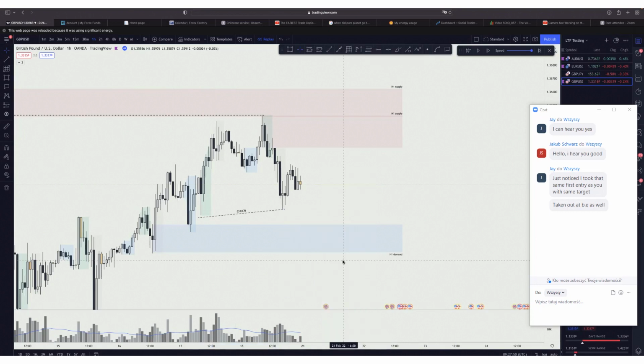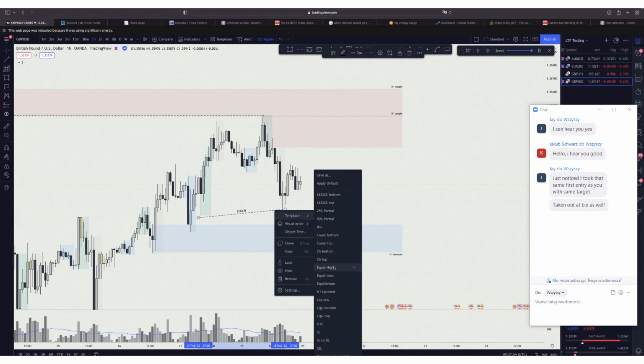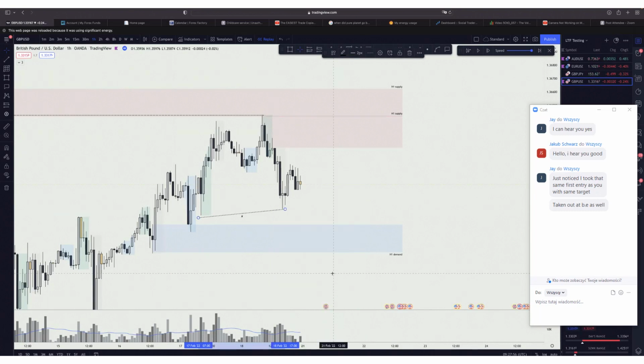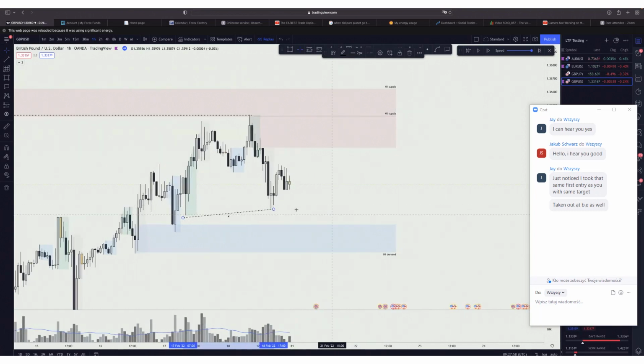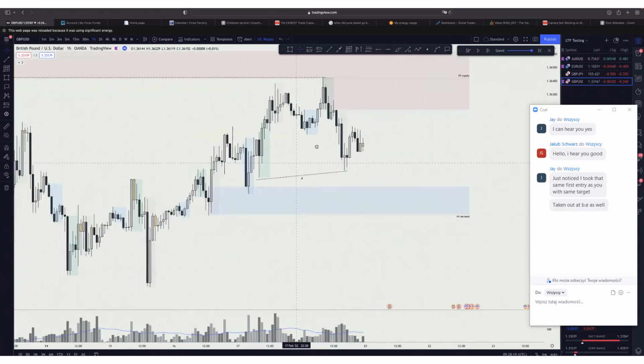Yeah, and just to tell you guys about the absorption, how we can potentially recognize it without real volume. Like here, the first touch with the demand zone has a specific move. Very strong bearish, and then price rejected to make another high. Also, we had this previously between 15th and 16th at 12. There's the big, huge move down. If you could just move the chart to the left, there's exactly the same move.